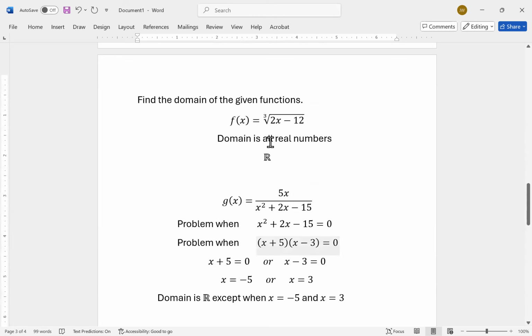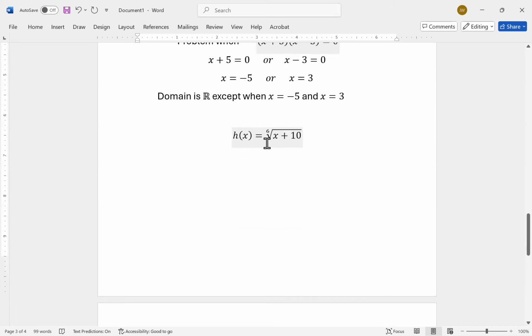It's perfectly fine, like we saw up here, to have a cube root of a negative number. But a 6th root of a negative number will not work either, just like the square root. So even roots of negatives don't work. And therefore, for this function to work, it only works when our argument inside of that 6th root is greater than or equal to 0.